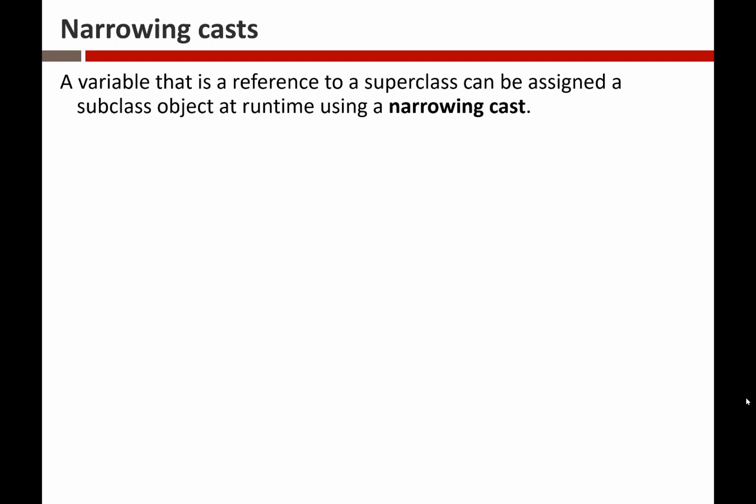A variable that is a reference to a superclass can be assigned a subclass object at runtime using a narrowing cast. All right, looking at my code here on the left, which of these variables, doc1, doc2, and or doc3, which of those is a reference to a superclass?